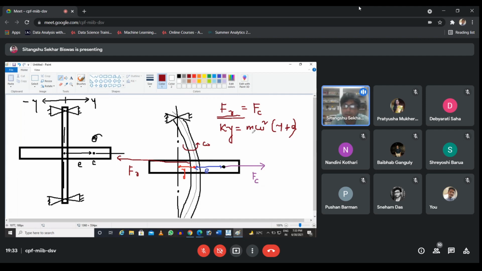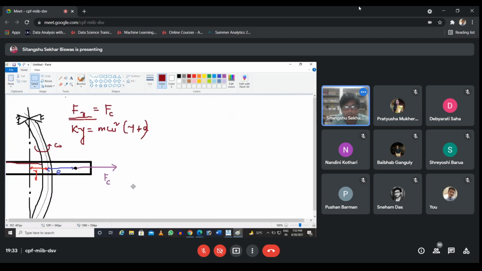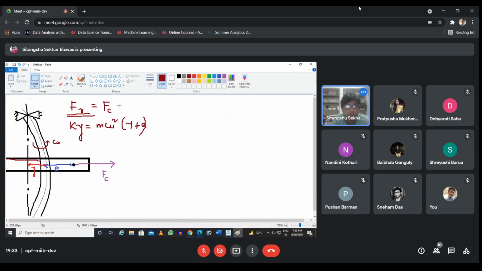So at equilibrium, at steady state, this will happen.